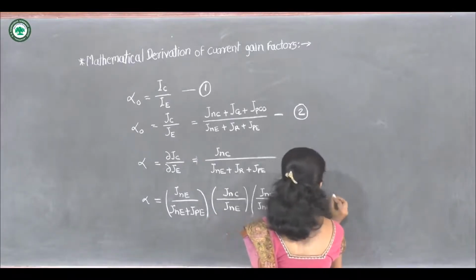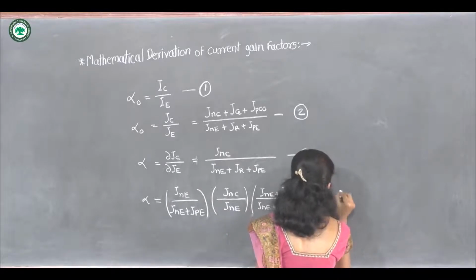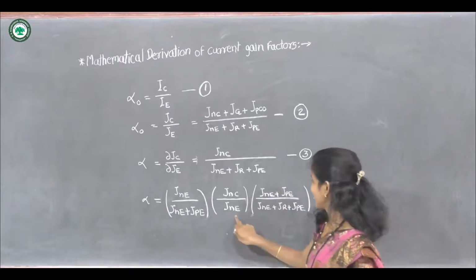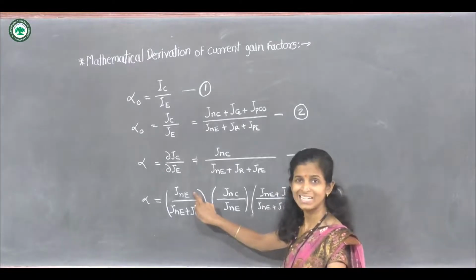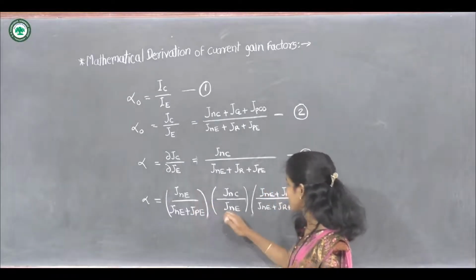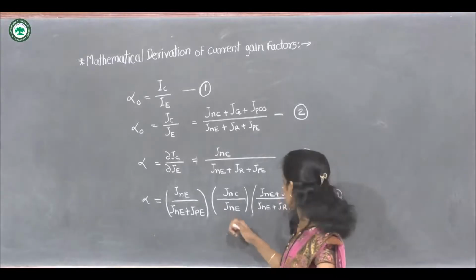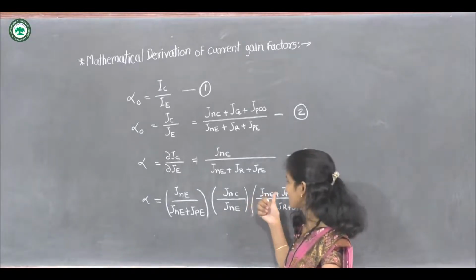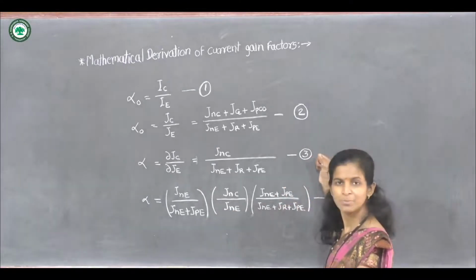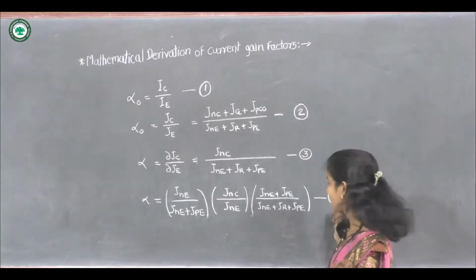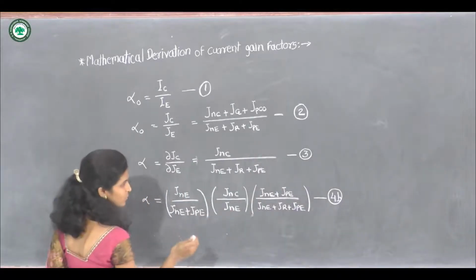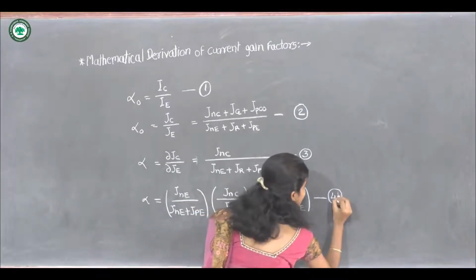So this is equation number 4a. Here in this equation we have introduced extra entities, that is JNE in the denominator as well as numerator, and also JNE plus JPE in the denominator as well as numerator. So the meaning of equation number 3 and equation number 4a is one and the same.